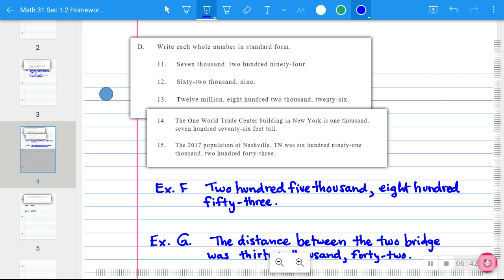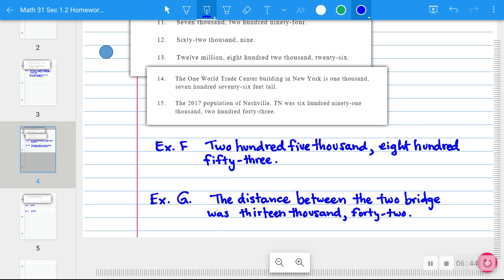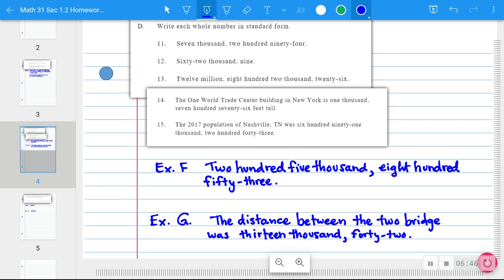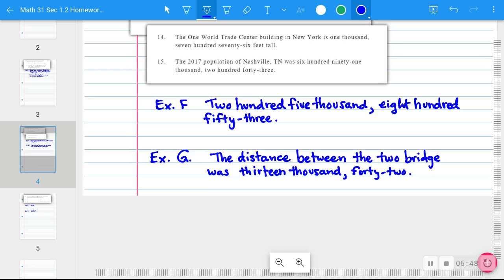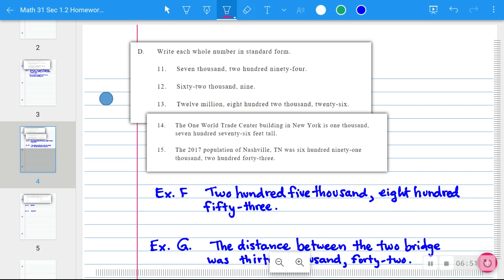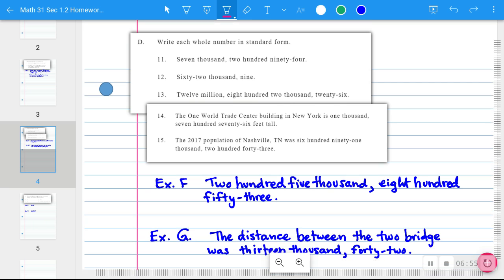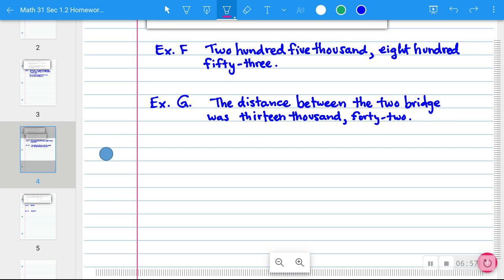Okay, the next section here, we're kind of going the other direction. We're given the words and we're asked to write it in standard form. So, write each whole number in standard form. Okay, so the first one is 205,000. You heard me say the word and, but it's not written there.